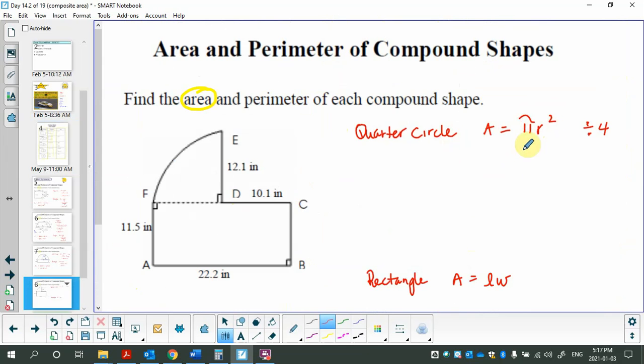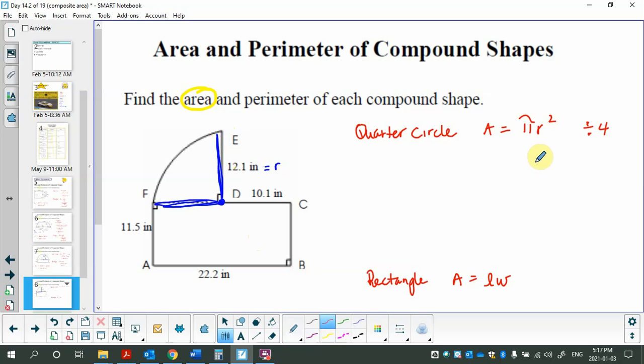Now there's something kind of cool about a quarter circle, and that is from here to here is a radius. There's no way I can give you a diameter. And from here to here is a radius. So this is the radius.